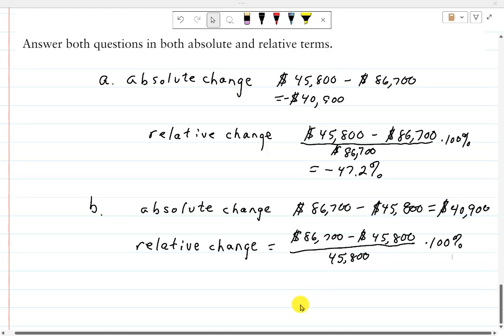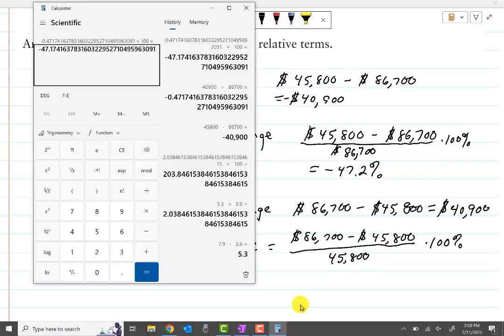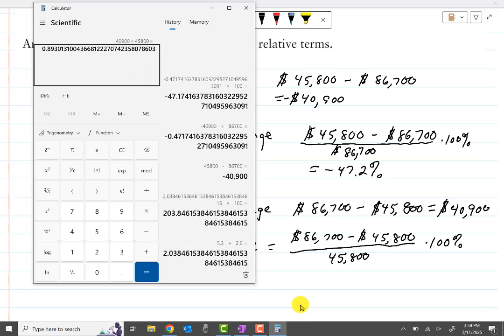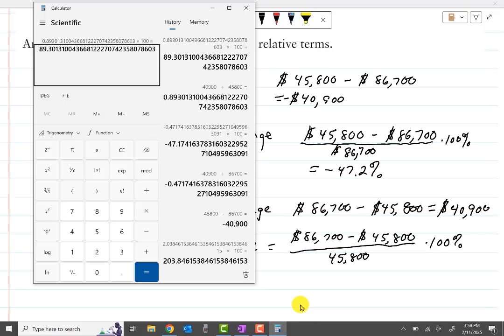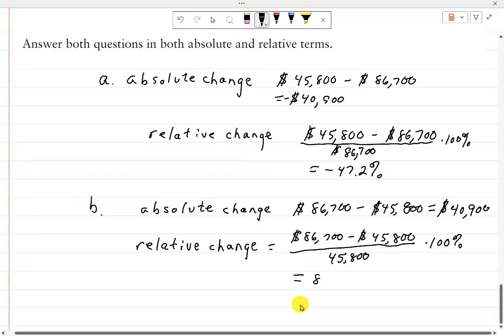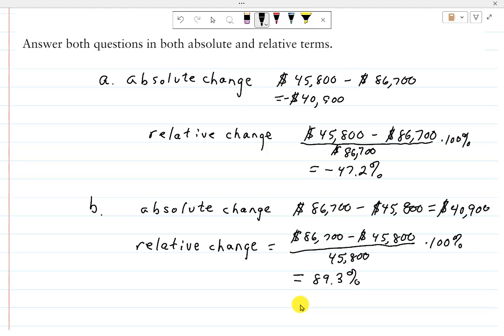So let me go back to my calculator. I'll start with my 40,900 again. This time I'll divide by 45,800 and multiply by 100%. It looks like 89.3. So Marylanders, on average, are paid 89.3% more than Mississippians are paid.